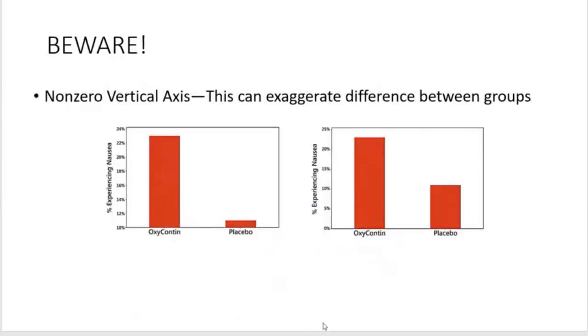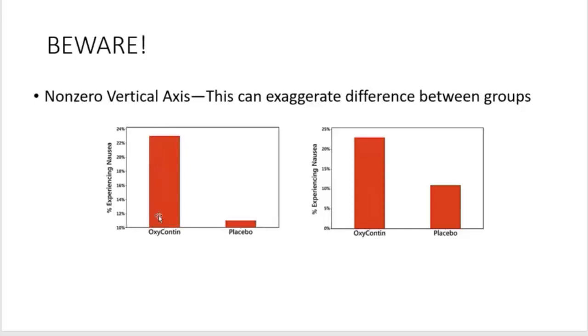Now, a couple of problems that we sometimes have with graphs is that if they don't put a 0 on the left-hand side of the axis, it can exaggerate the difference. If you look at this very first graph, if you look really closely, you can see the values. You can see that the placebo, that bottom line, is 10%. And then this next value up here is 12%, which means going across, the placebo is probably right around 11%.